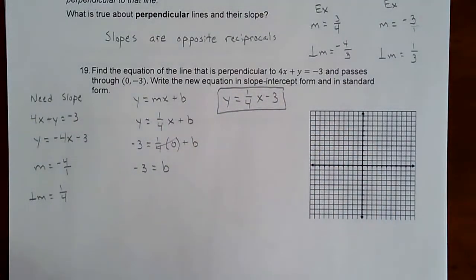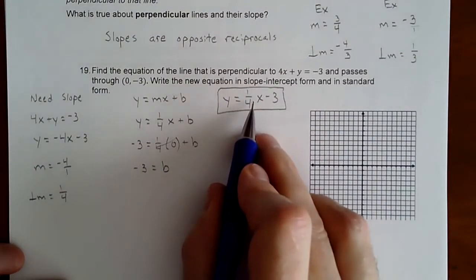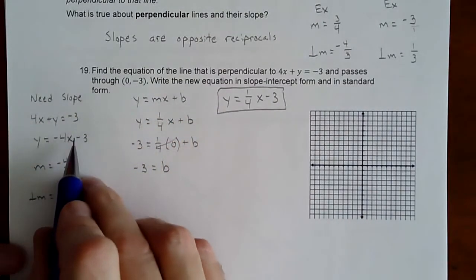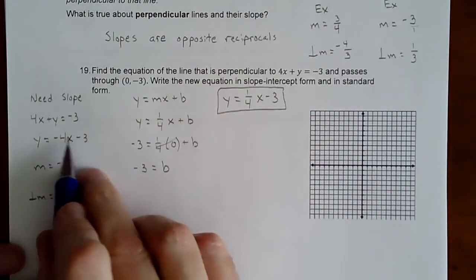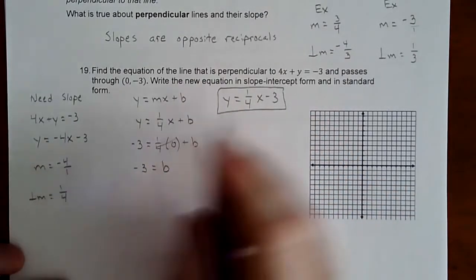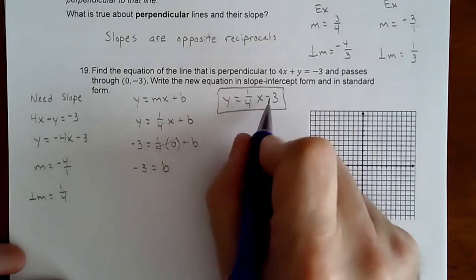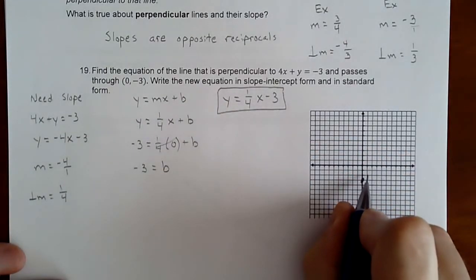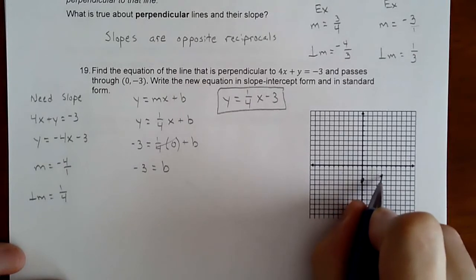So let's verify it does everything that it's supposed to do. This graph is supposed to do two things. It's supposed to pass through this point and be perpendicular to this equation, right? And I'm going to look at that equation because that's the graphing version of it, and it'll be easier for me to graph. So let's graph that. We have a y-intercept at -3. It goes up 1 over 4, up 1 over 1, 2, 3, 4.